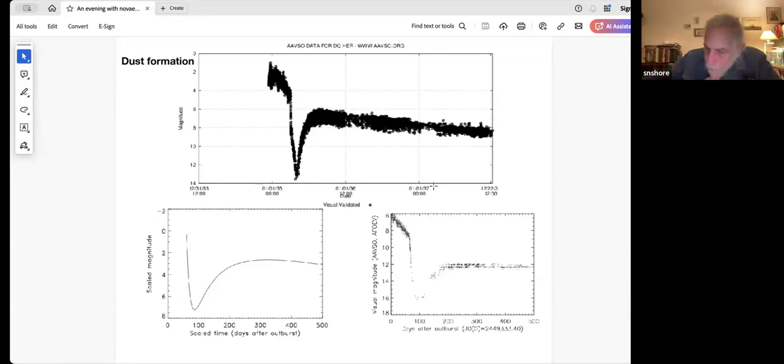The top curve is one of the most famous novae of all time, DQ Herculis 1934, seen in the optical. The great dip was the formation of dust. This was already understood as an explanation, although no one had a clue why, already back in the 1940s.